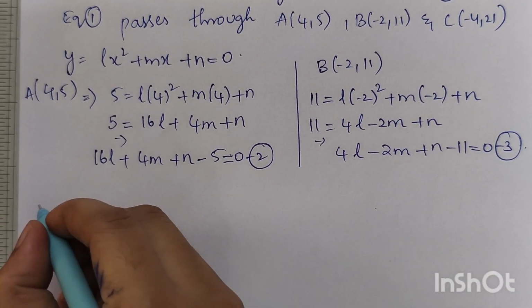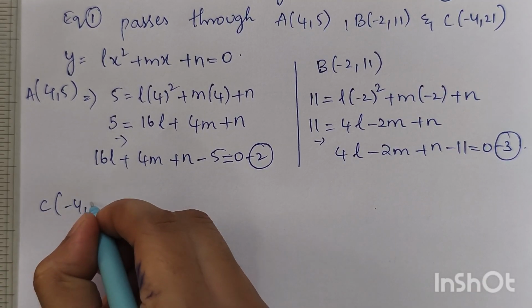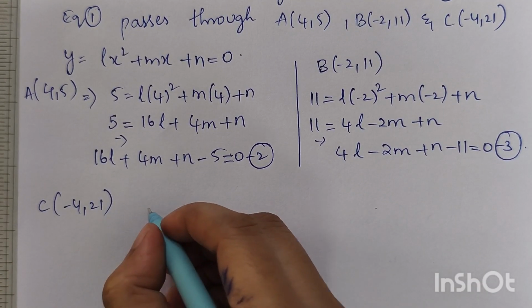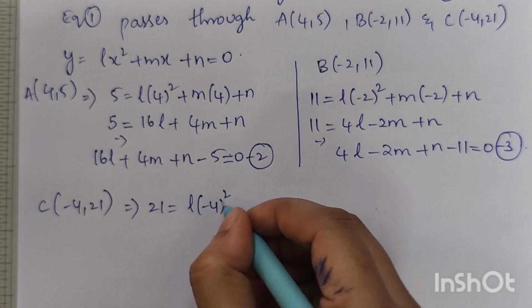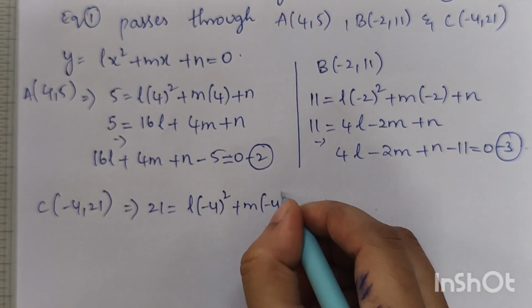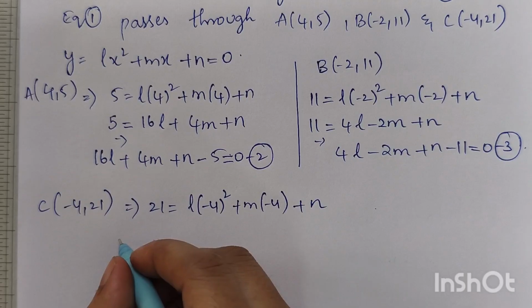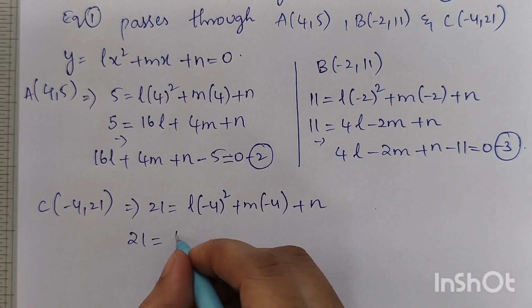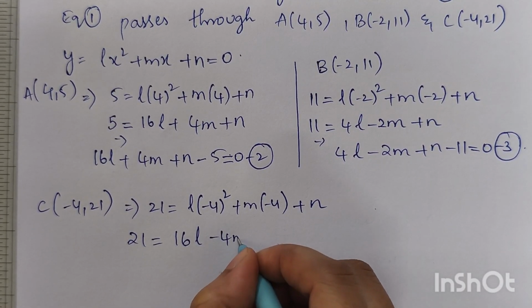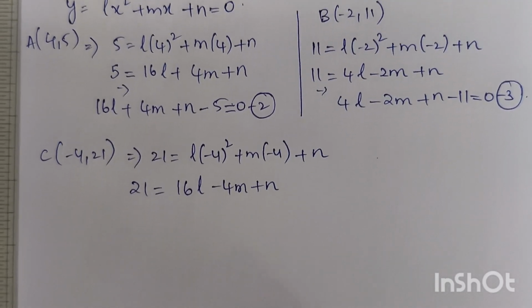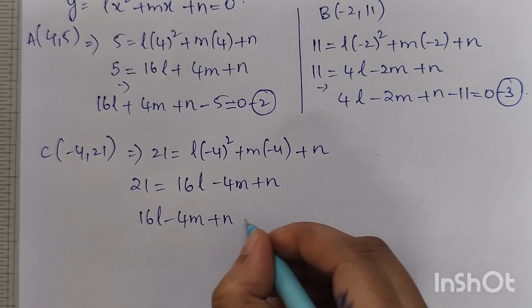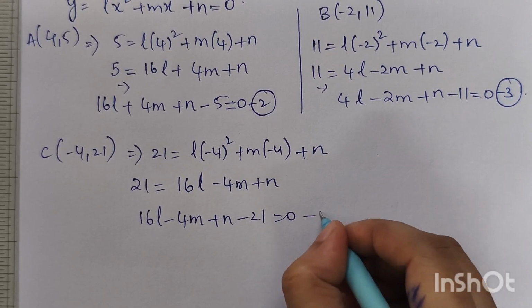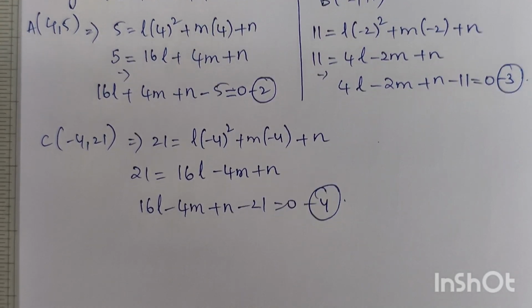Now substitute C, -4 comma 21. We get 21 equals l into (-4) square plus m into (-4) plus n, so 21 equals 16l minus 4m plus n. We can write it as 16l minus 4m plus n minus 21 equals 0 as equation 4.